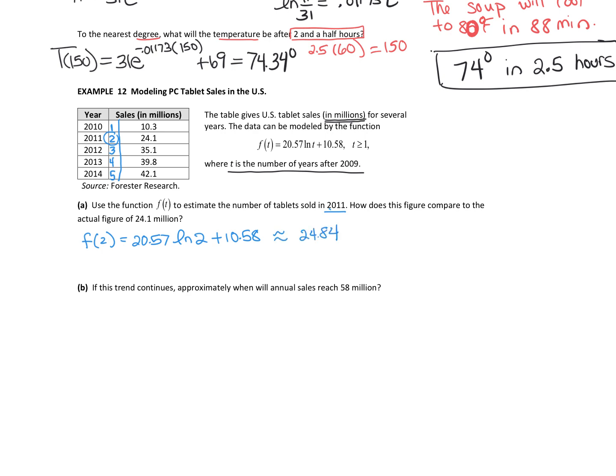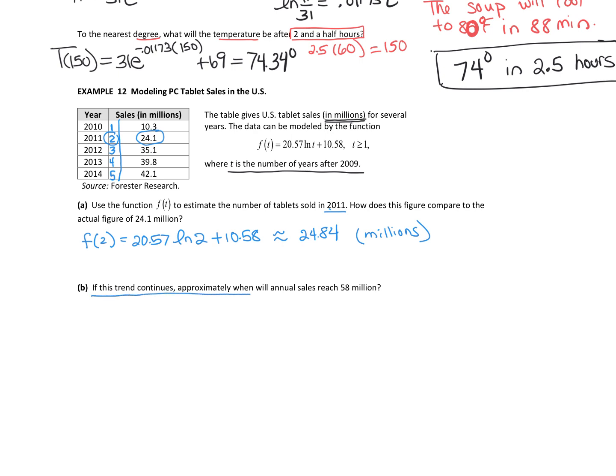Don't forget, this is in millions. So this is a little higher than the actual, but it's close. I know it's hard to say that 3 million is close, but it's not off too much.